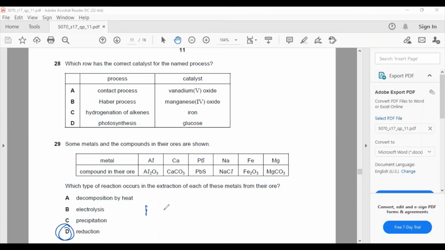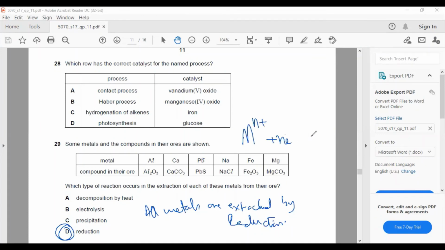All metals are extracted by reduction. Why? Because the metal has positive charge in the compound. It has positive charge, and if it accepts electron, then it will become neutral. So gain of electron is called reduction.